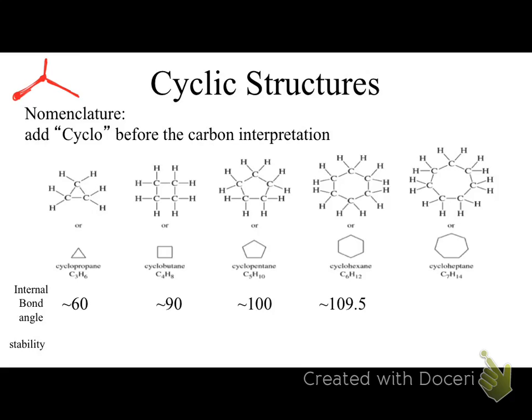Now that I have a line angle drawing, I need to convert that into a Newman projection. A lot of the Newman projection questions you'll see will have a reference, say, look down the carbon 1-2 bond, or look down carbon 2-3. I didn't ask that for this, didn't provide that information in this case. Why?